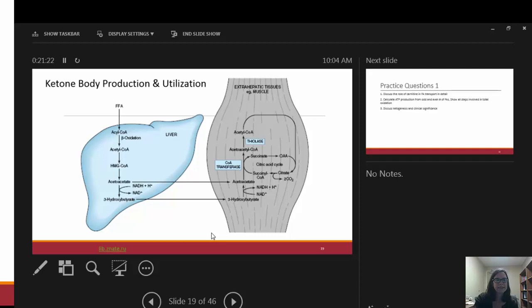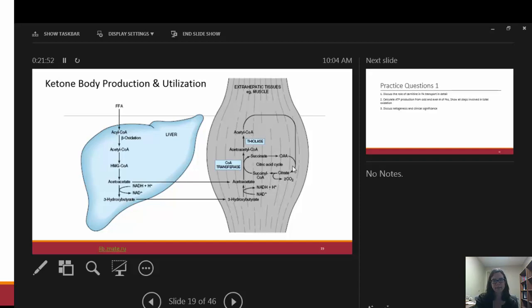Okay, and this is just an overview of what we just talked about for ketone body production and utilization. We have our fatty acid, conversion to acetyl-CoA, beta oxidation, and eventual conversion to our ketone bodies. The ketone bodies are shuttled to our extrahepatic tissue, where they can be reconverted back into acetyl-CoA and go through the TCA cycle.